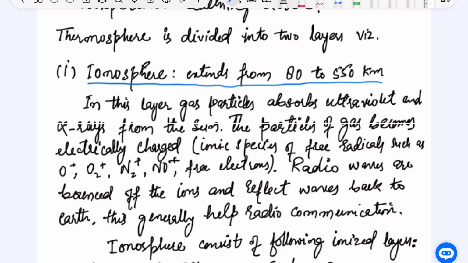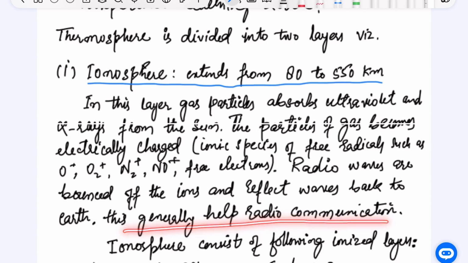When these gaseous particles become electrically charged, that is in the form of ions and free radicals, radio waves are bounced off the ions and reflected back to the earth. This generally helps radio communication.